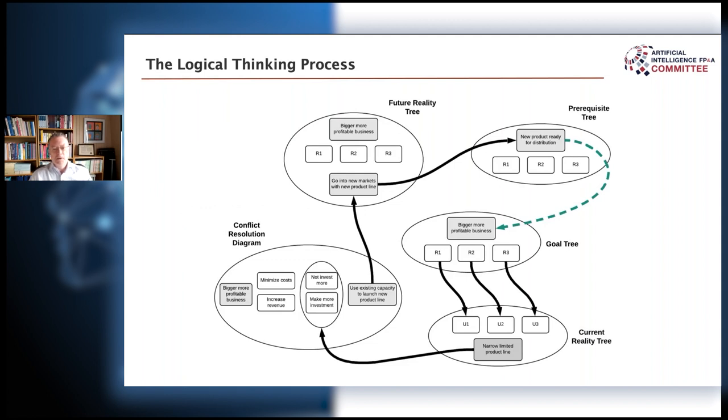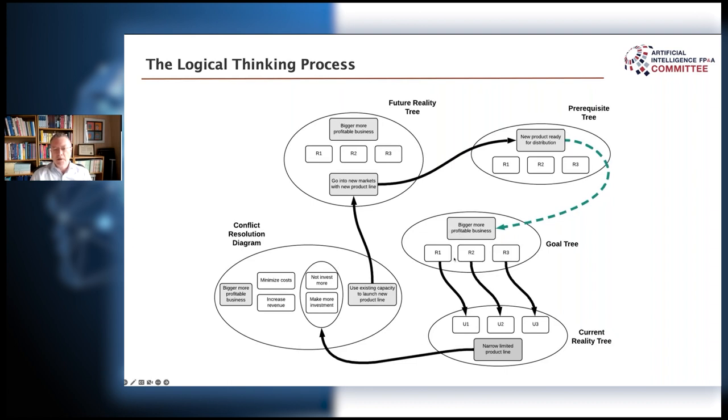But basically, we start by defining a goal for, let's say, the organization. And what are the critical success factors that we have to achieve to reach our goals?